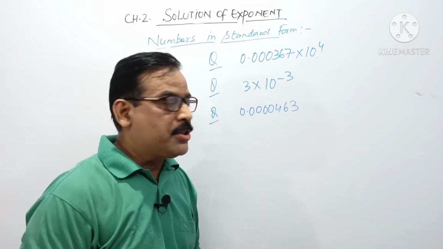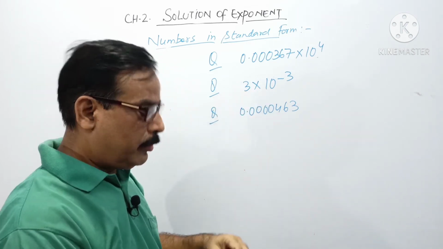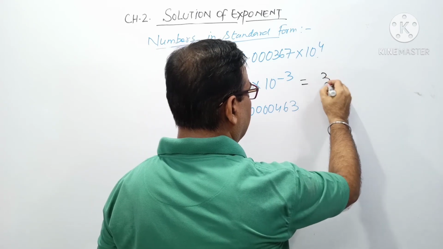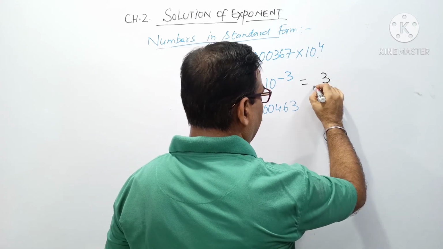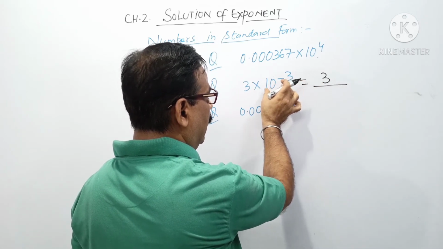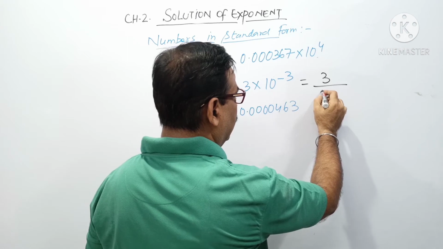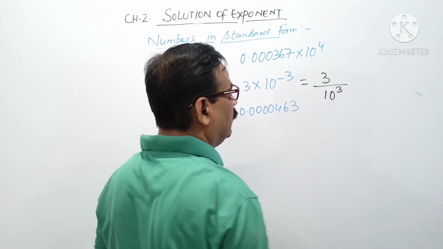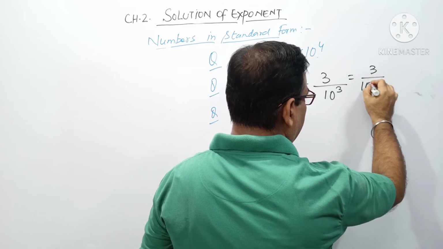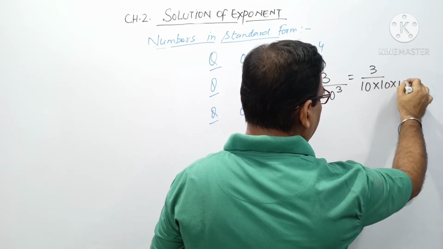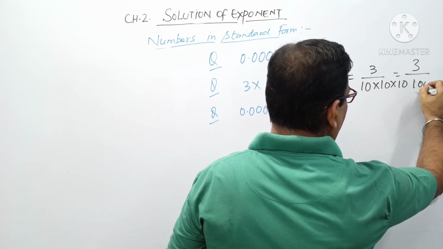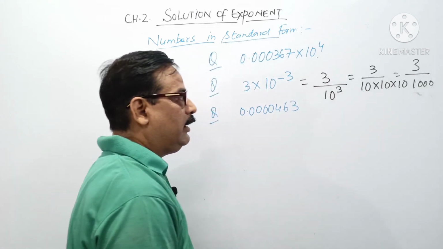In my next question, 3 into 10 to the power minus 3 is given. This number can be written as 3, and because there is a negative exponent, we take the reciprocal of the power, so we write it as 3 by 10 into 10 into 10, which is 3 by 1000.